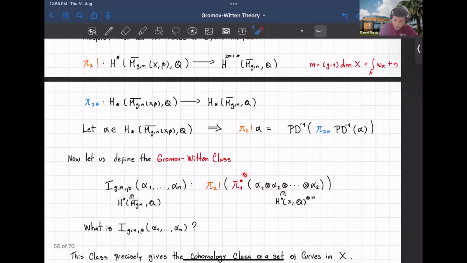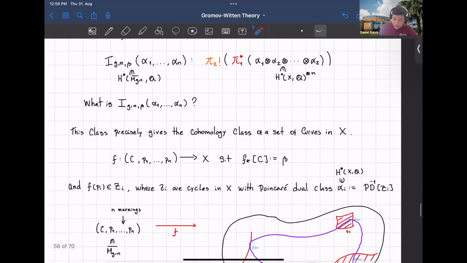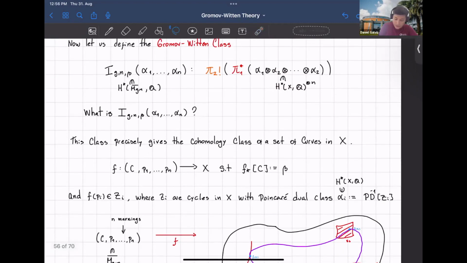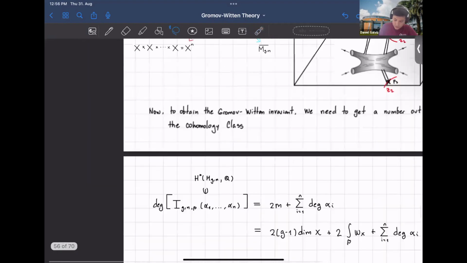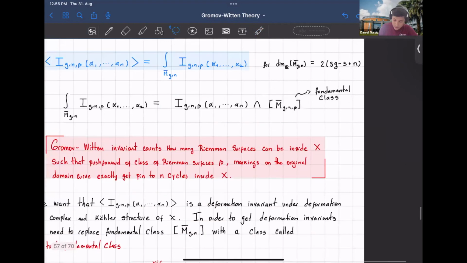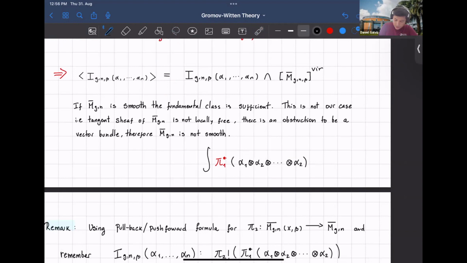You can just take it up to here for the Gromov-Witten invariants, and just define the integral of this. You integrate over the moduli space of stable maps, and then you don't need to do all this. The Gaussian was to explain the Gromov-Witten class, but for the Gromov-Witten invariants you don't need it.